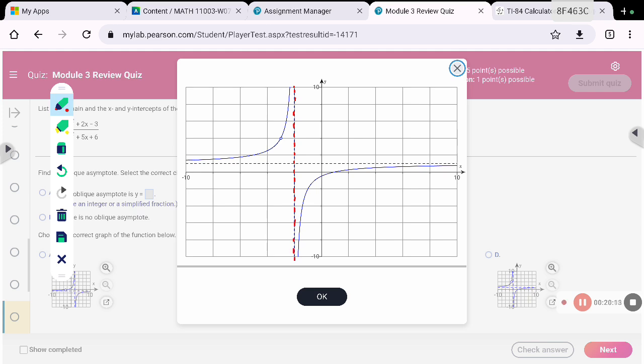Horizontal, y equals 1. It should be crossing the x-axis at (1, 0). So here is the x-intercept. It should be crossing the y-axis at (0, -1/2). So there is your y-intercept. So that's why it would be the D answer.